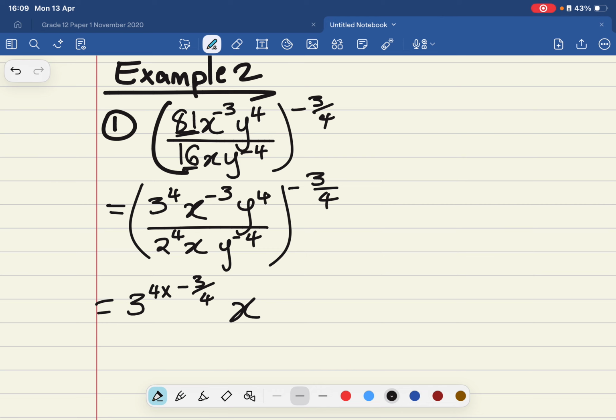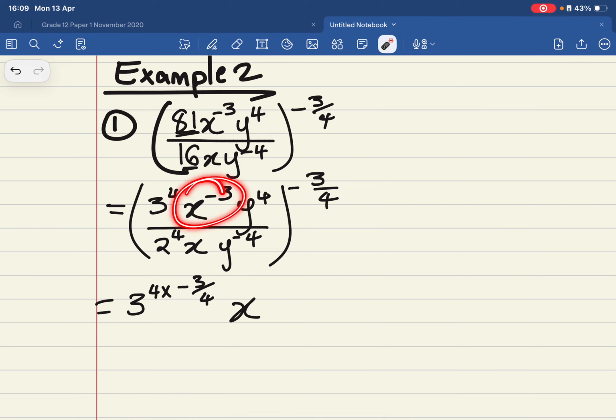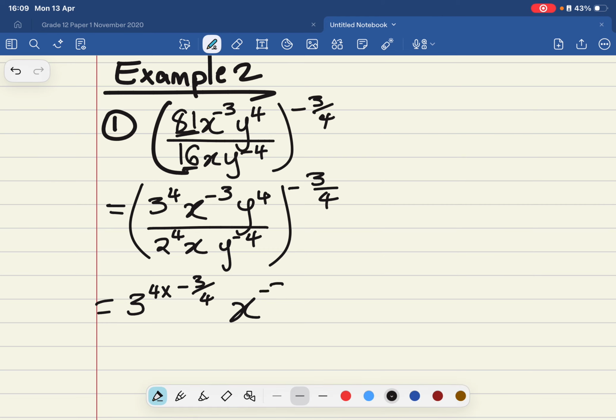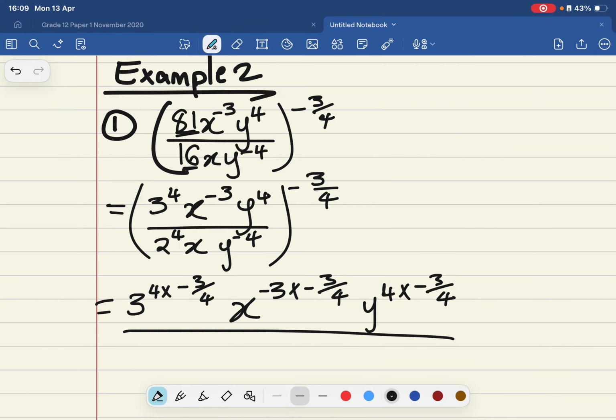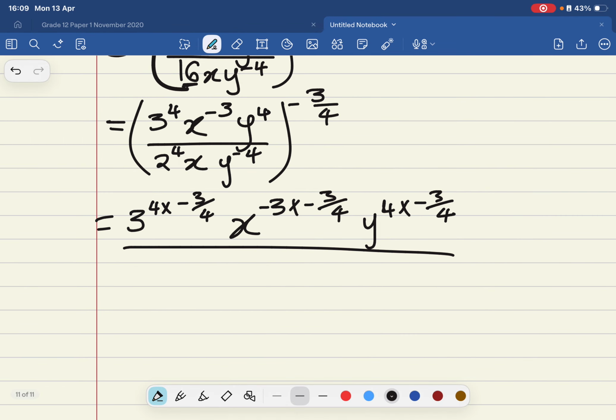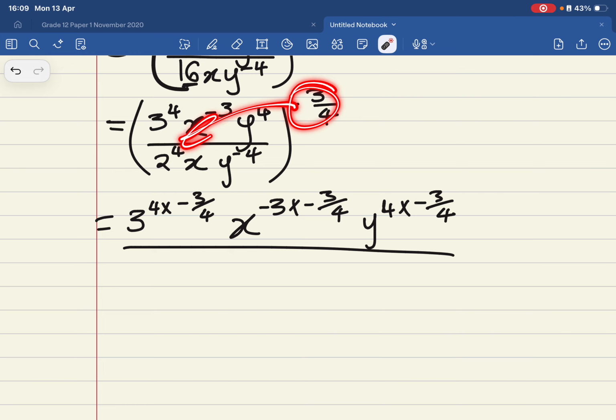Then I have x again. You do the same thing. It's a power raised to a power. Negative 3 multiplied by negative 3 over 4. Now y, you do the same thing. y to the power of 4 multiplied by negative 3 over 4. All over. Again, you take this one, you raise it to this one, and this one.